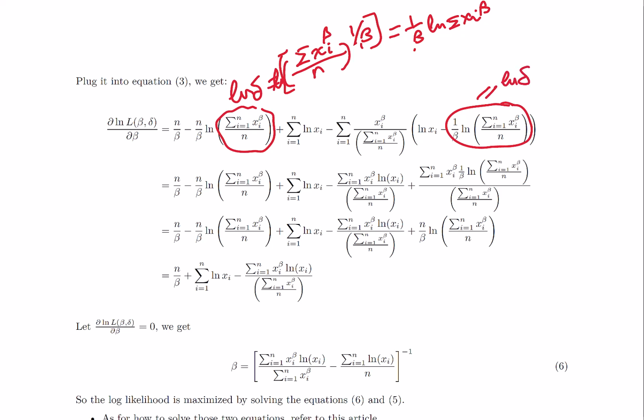And this is the xi over delta to the power beta. That's why you got this term, remember? Xi beta over this term, N. Okay, so this term.